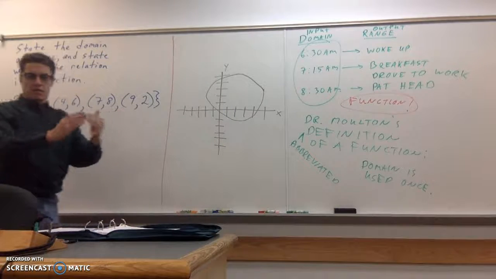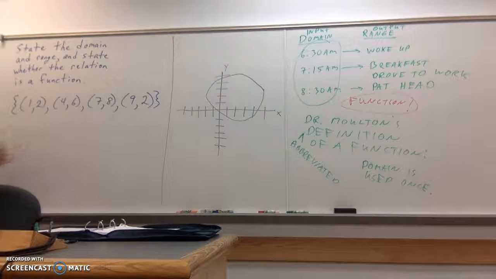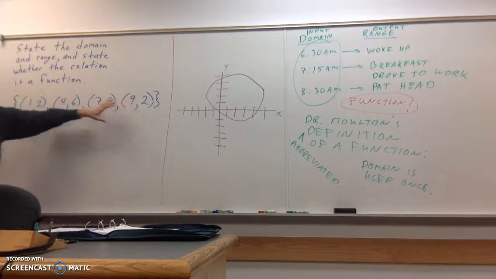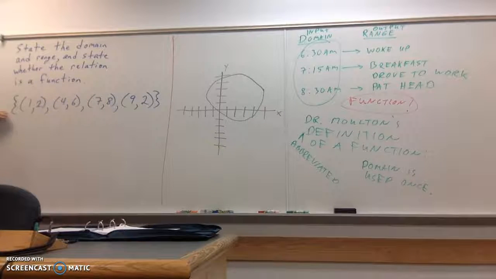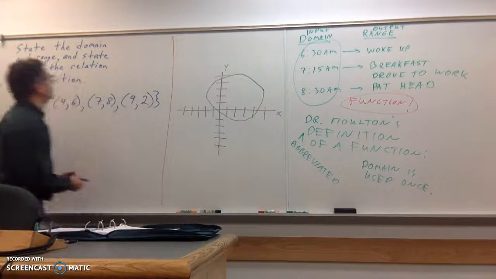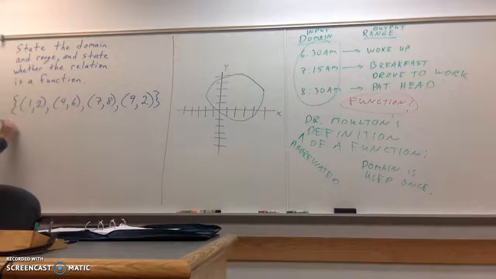Now let's take a look over here. I've got a relation over here, and let's find out whether this is going to be a function or not. First of all, let's find the domain. The domain's all your inputs, right?